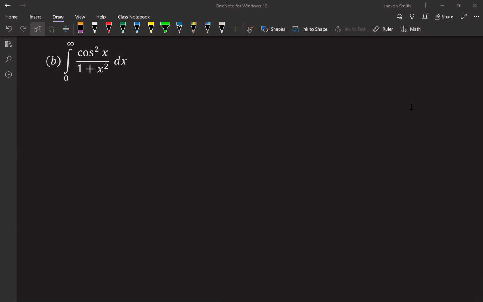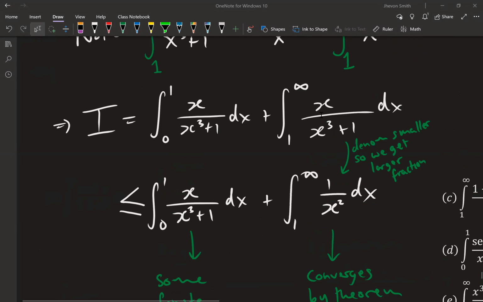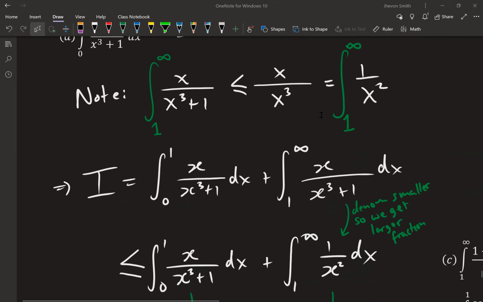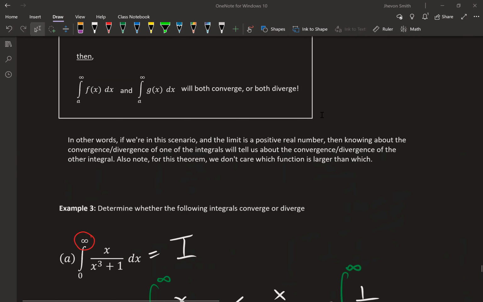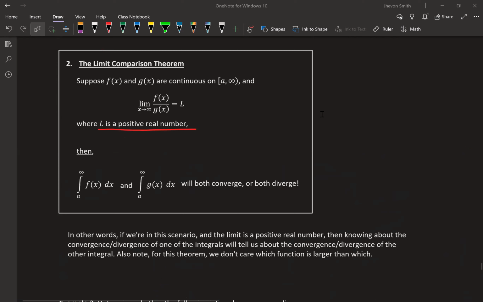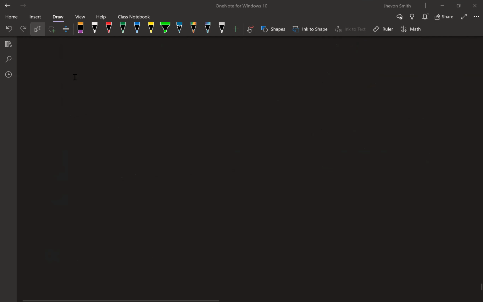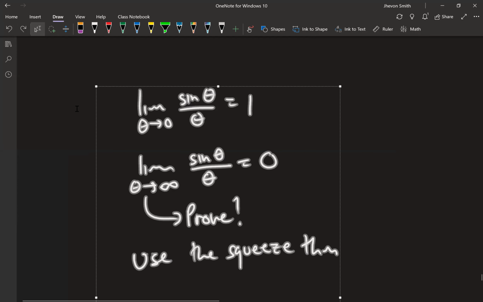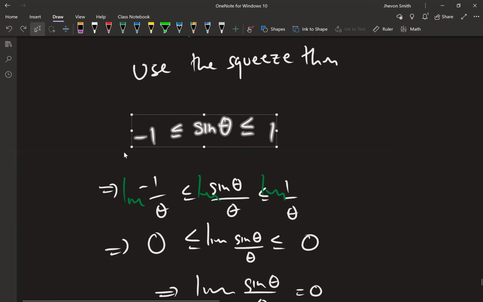Scroll up where? Oh, I actually erased it. Okay. Here. So you wanted to prove that this was 0 by the squeeze theorem. You start out with the trig function.